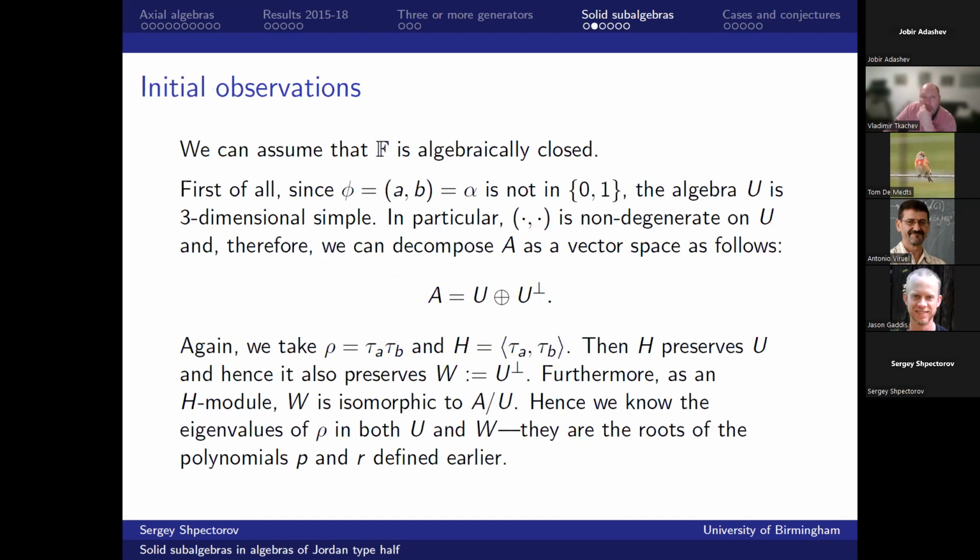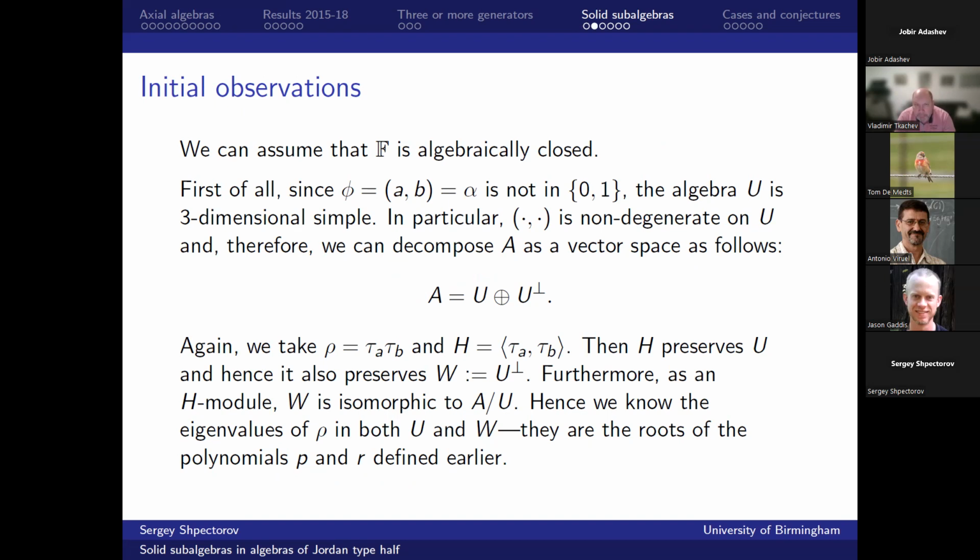Well, first of all, if you look at the statement, we can extend the field and it's going to be all the same. So we might as well assume that F is algebraically closed. And secondly, because the value of phi(a, b) is not in {0, 1}, the algebra U is three-dimensional and simple. So U is three-dimensional and simple.